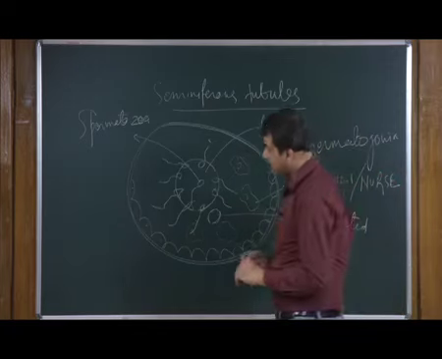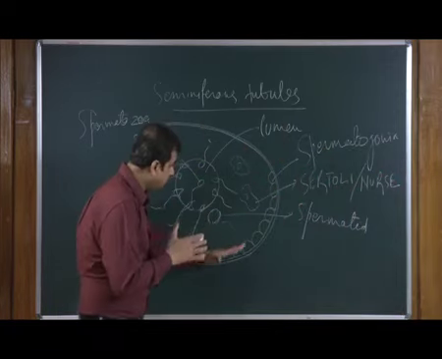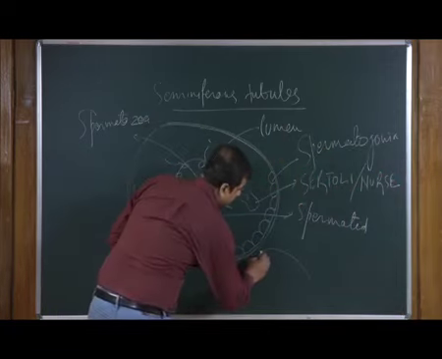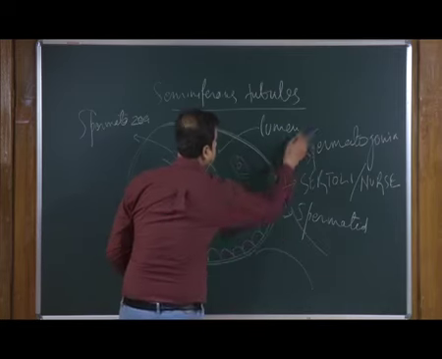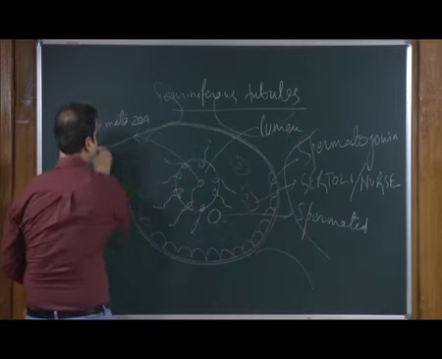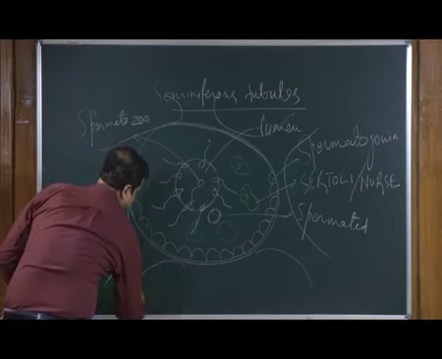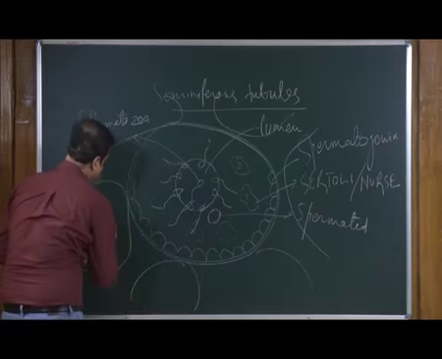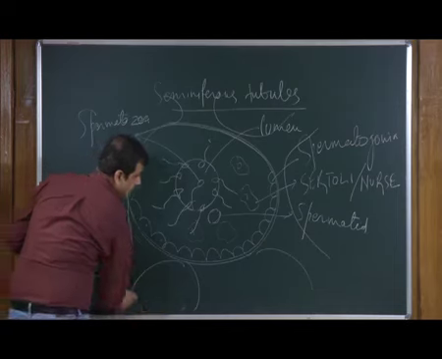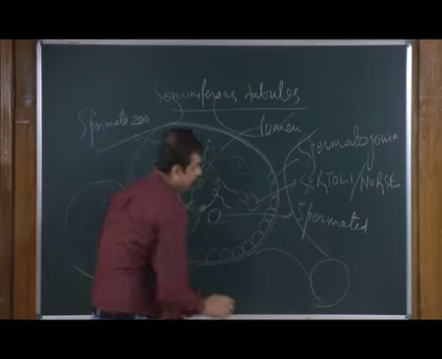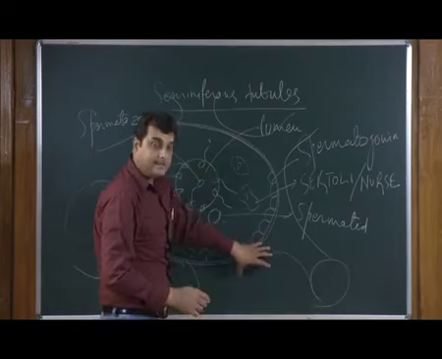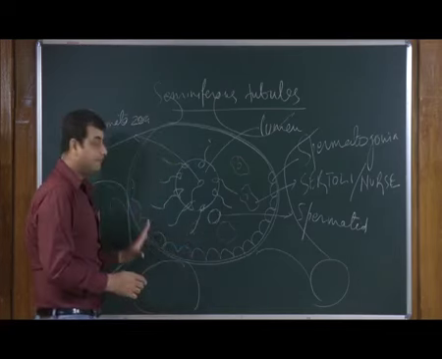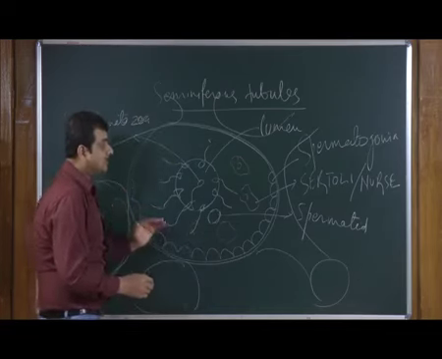Now, this is an environment. There is another spermatogonial cell here, another one here, but then we have a space in between two seminiferous tubules. This space is called the interstitial space.